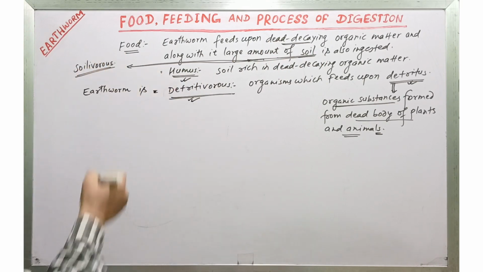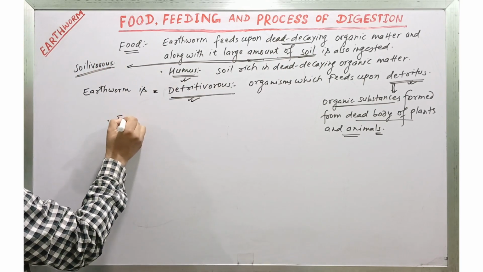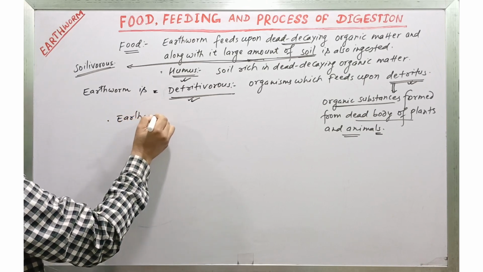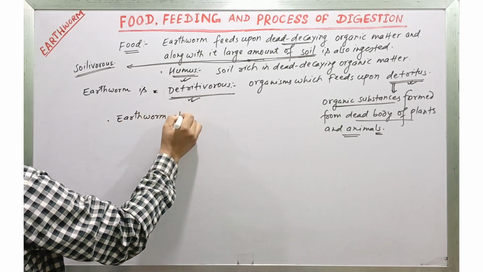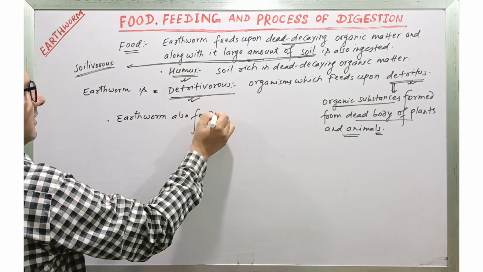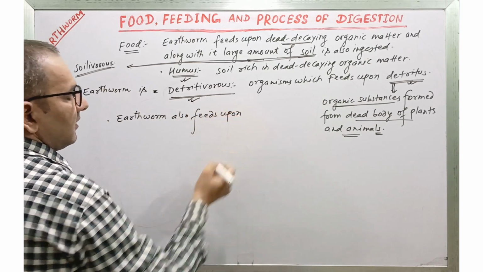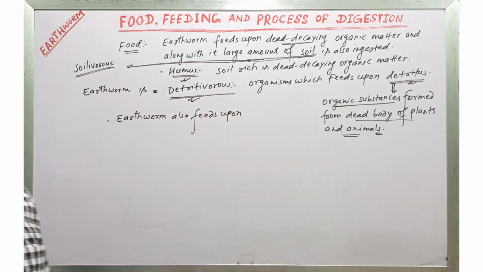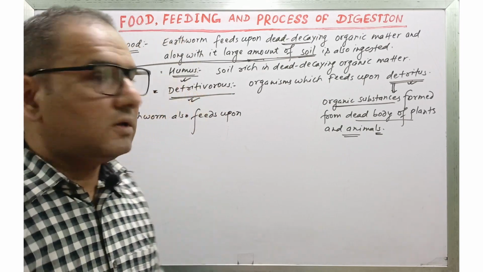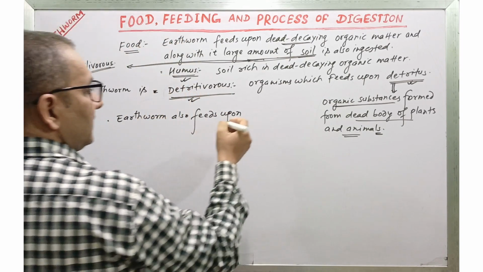Now apart from that, earthworm also feeds upon leaves of small grasses and small insects.